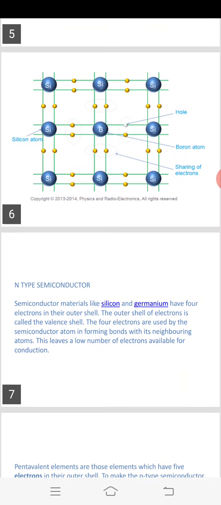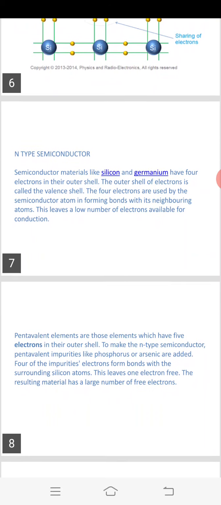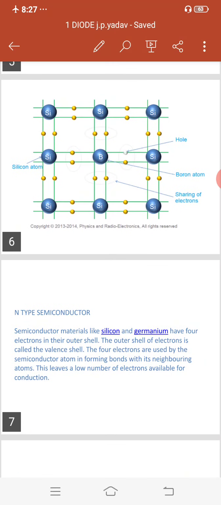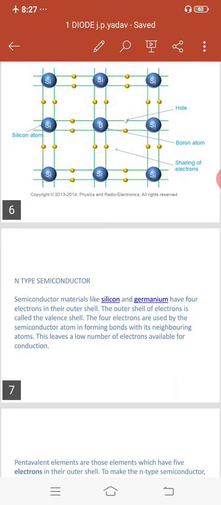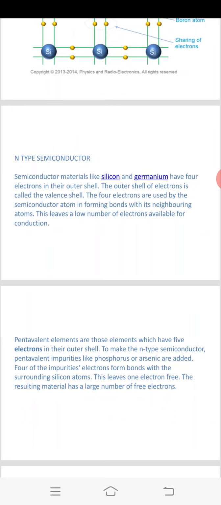What is an N type semiconductor? Like this process we use doping, but the doping is pentavalent, not trivalent. In a pure semiconductor we use pentavalent atoms, which have 5 electrons in the outer shell.